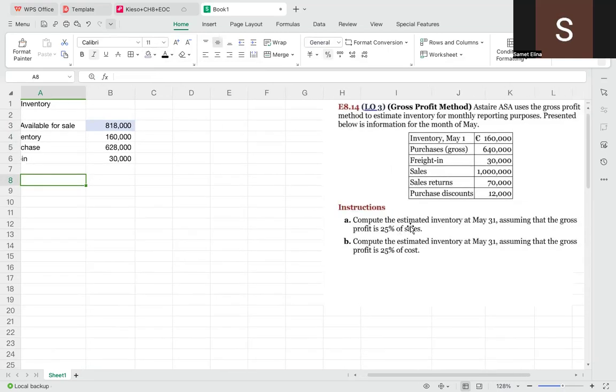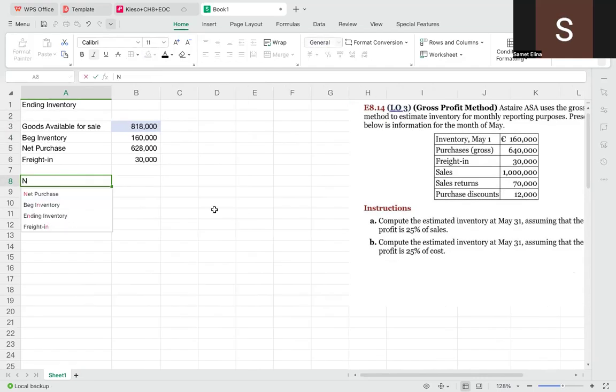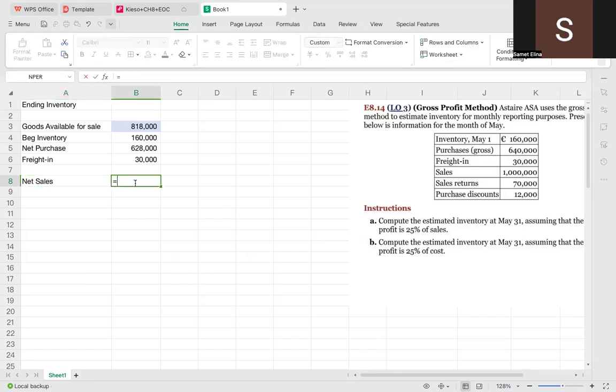So we also need one more data, which is sales. We have sales, but we also have sales returns. So let's compute net sales, which is 1 million sales minus 70,000 sales return. This is our net sales.